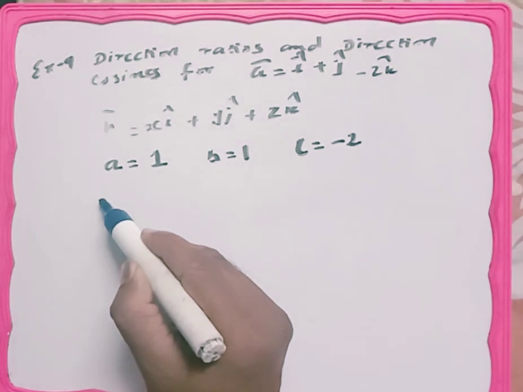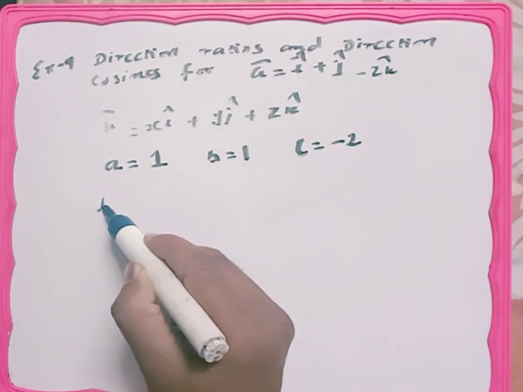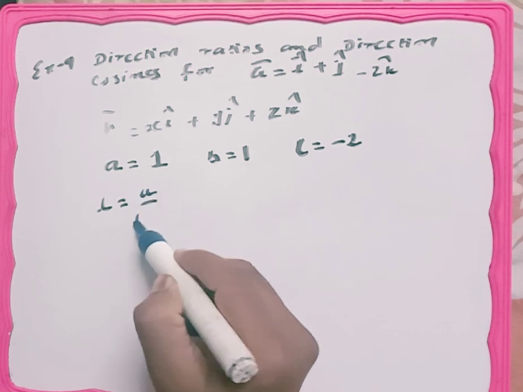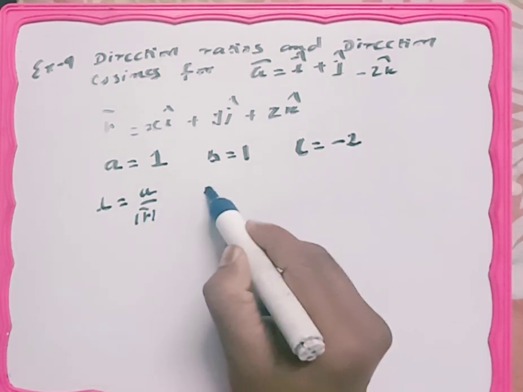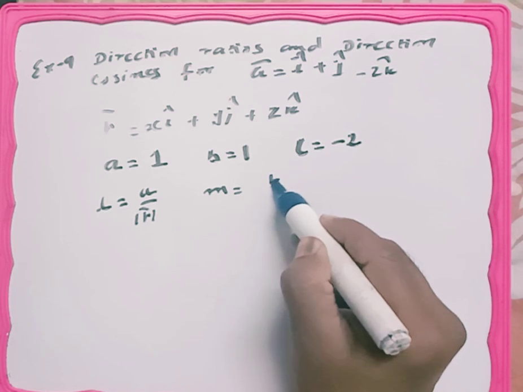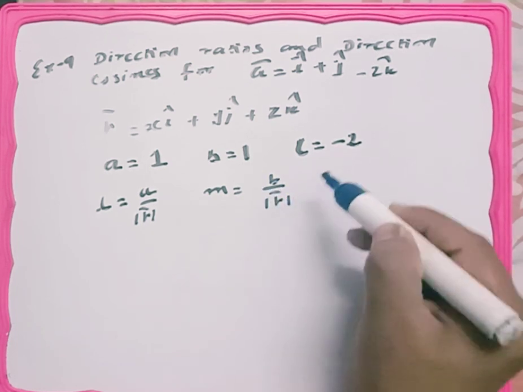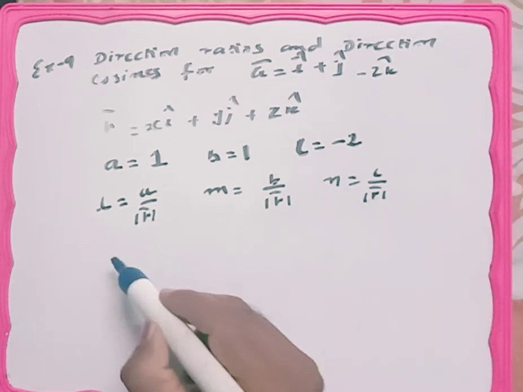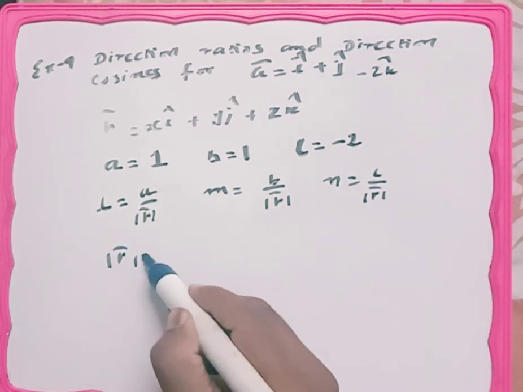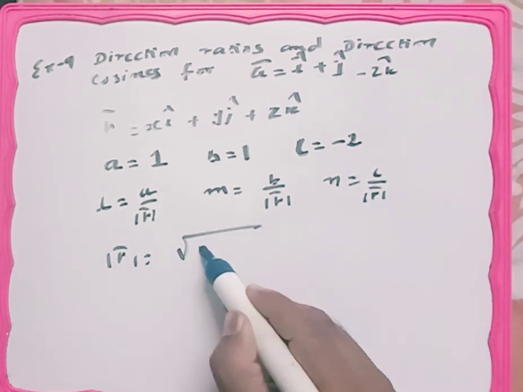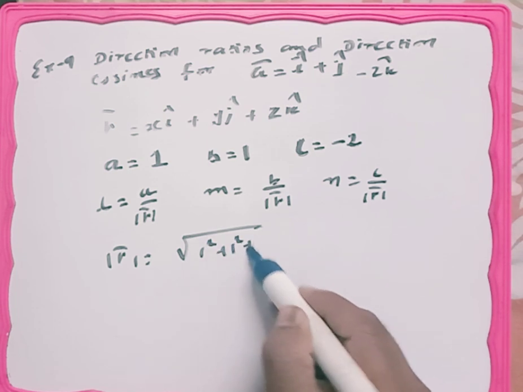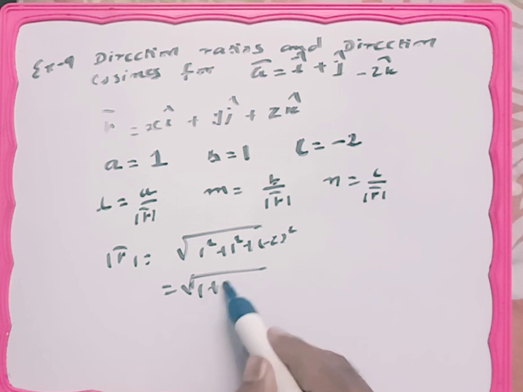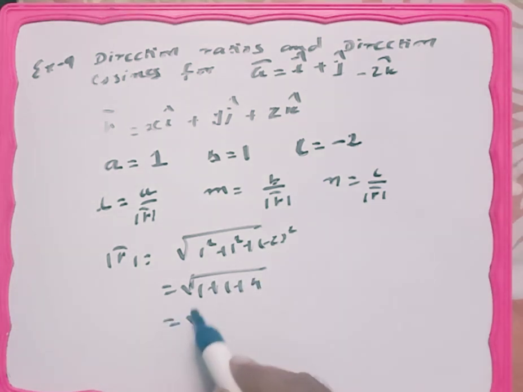Then the direction cosines: we have l equals A by the magnitude of the vector, m equals B by the magnitude of the vector, and n equals C by the magnitude of the vector. The magnitude we calculate: 1 square plus 1 square plus minus 2 square, which is 1 plus 1 plus 4, so root 6.